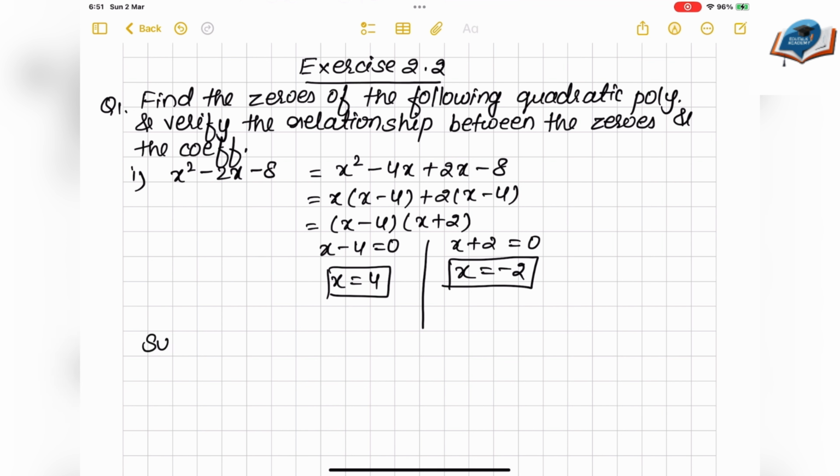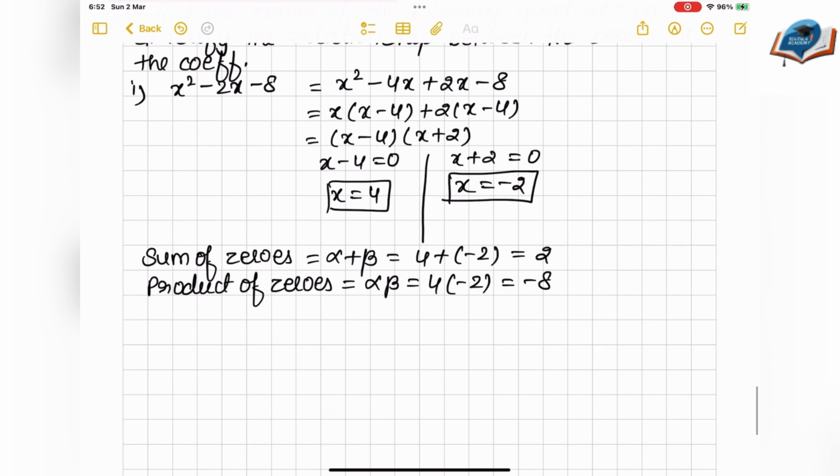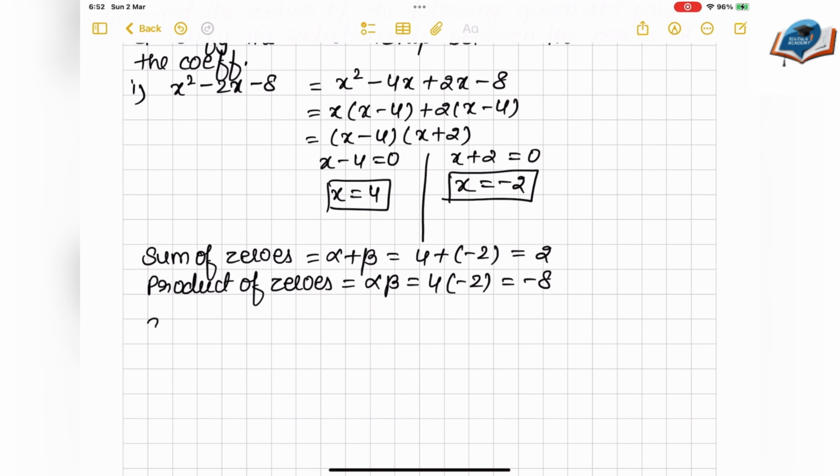So now sum of zeros, that is alpha plus beta, will be equal to 4 plus minus 2, so that is 2. And product of zeros, alpha beta, that is 4 into minus 2, that is minus 8. Now I need to verify it. So see how I will be doing the verification.